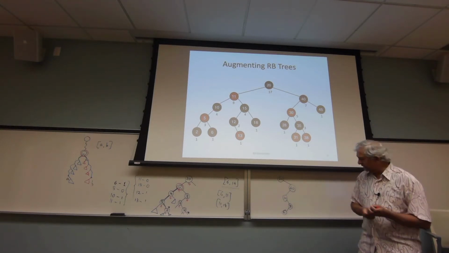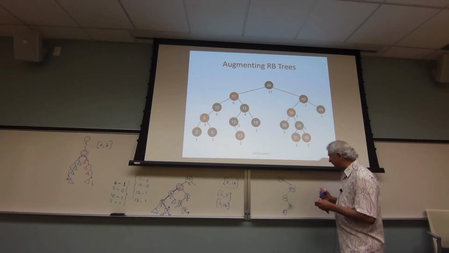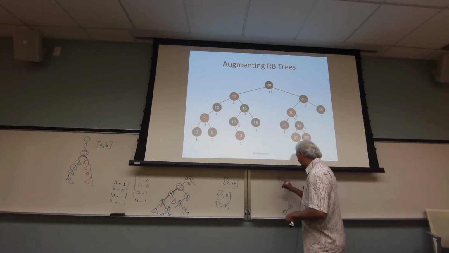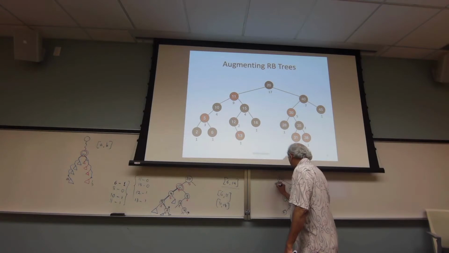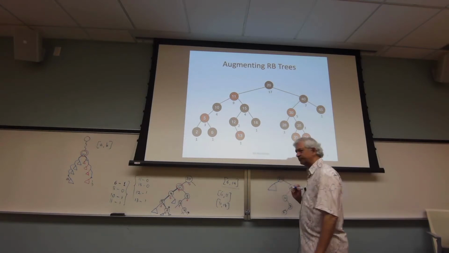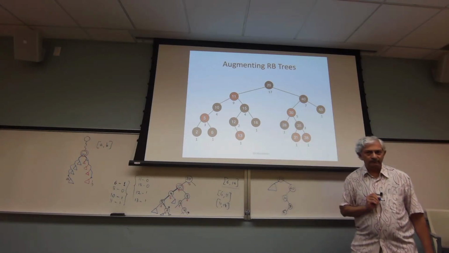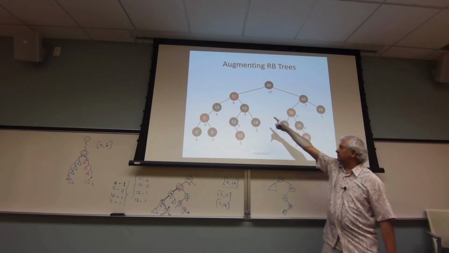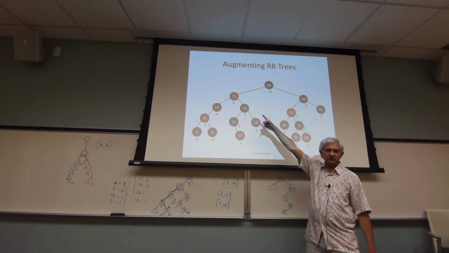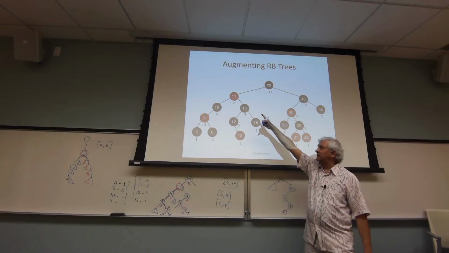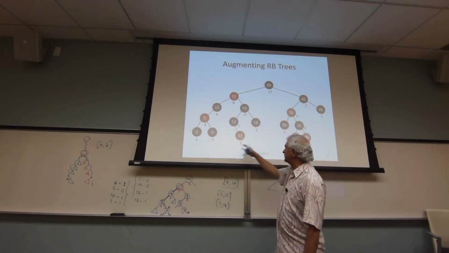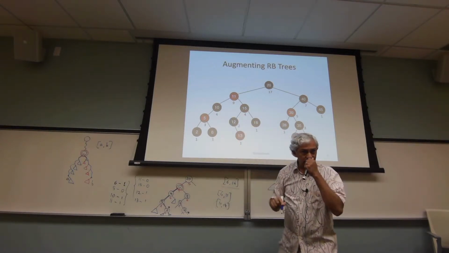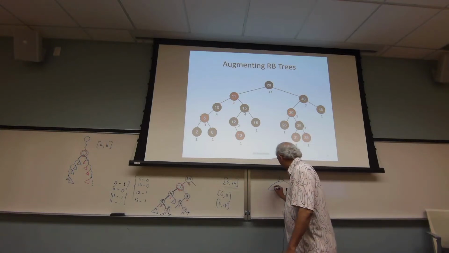Now this is where it turns out to be quite simple. What we do is we start at 20 and we ask how many items are smaller than 20. Well, we know that answer because we just go to its left child and look at its size. That size is how many nodes are here, right? So we know that there are 9 items here.